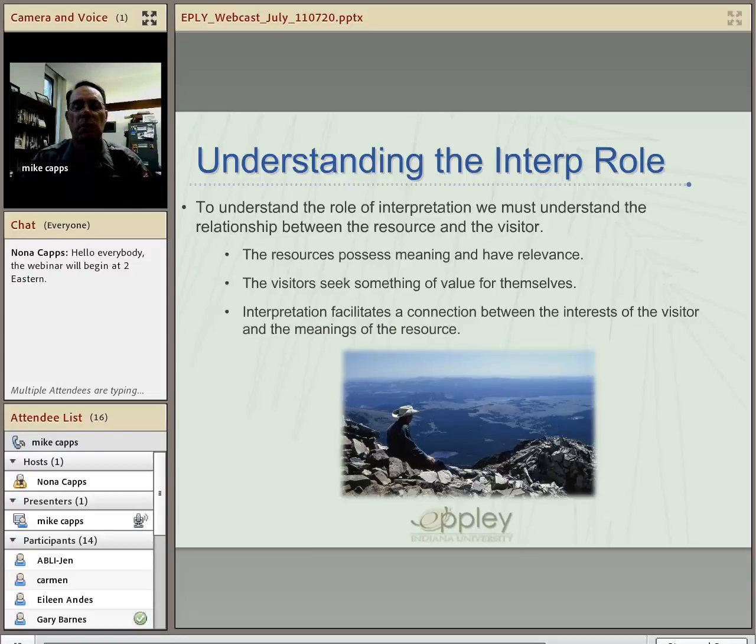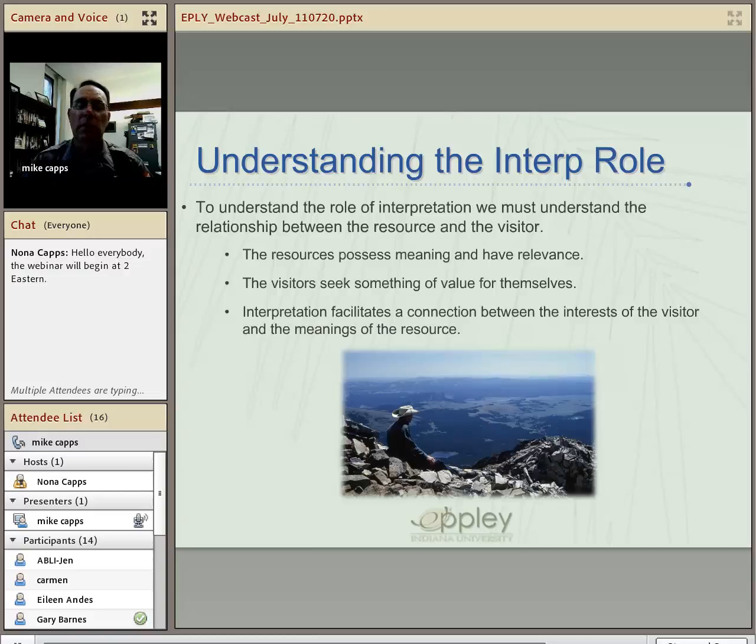What we do in interpretation is we try to facilitate some sort of a connection between the interest of the visitor and the meanings of the resource. So for that family that comes over looking for a family activity, they may not necessarily be all that interested in Abraham Lincoln. That may not be what motivates their visit to the park.